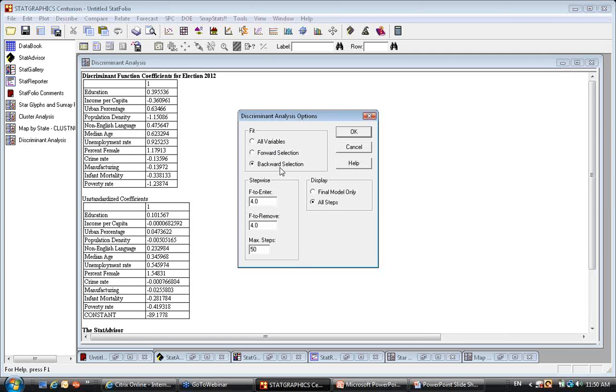A backward selection will start with all the variables, throw the variables out one at a time, starting with the least significant variable, then the next, and so forth, till it gets down to a subset of the variables, all of which are statistically significant.